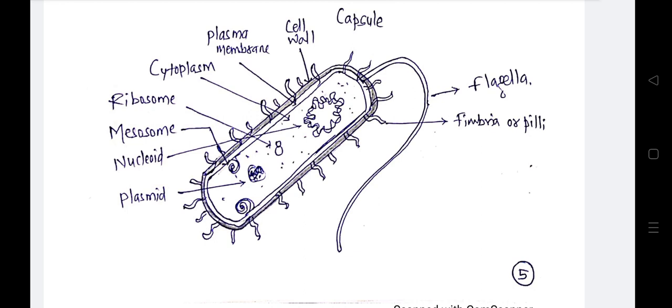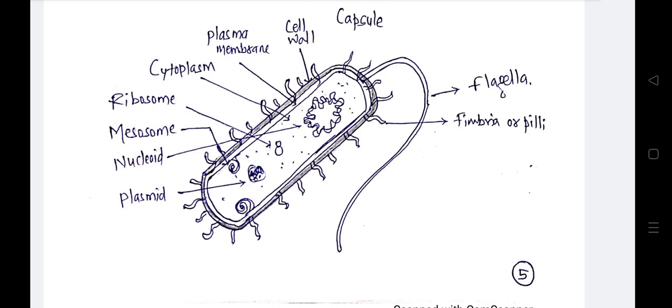So this is the structure of a bacterium that we have studied here. You can look at the very important points for the examination. You will get some MCQs, such as the gram-positive bacteria's composition, then your flagella's position.